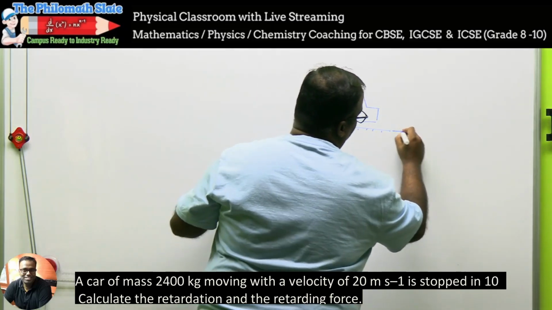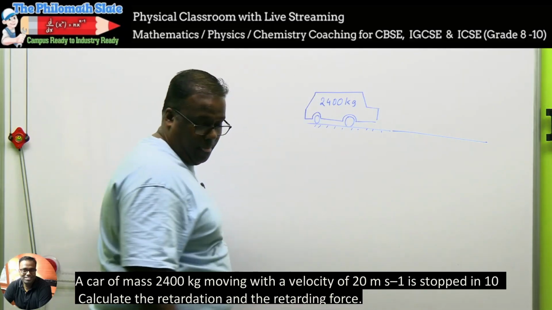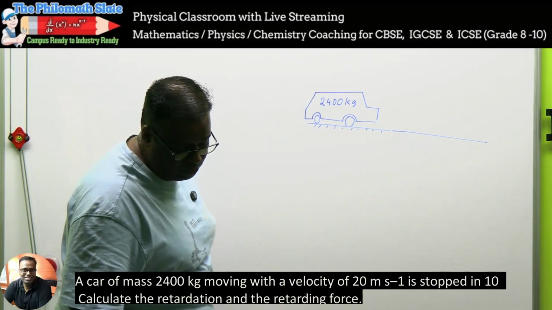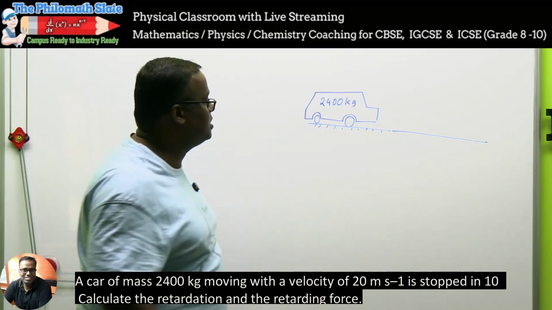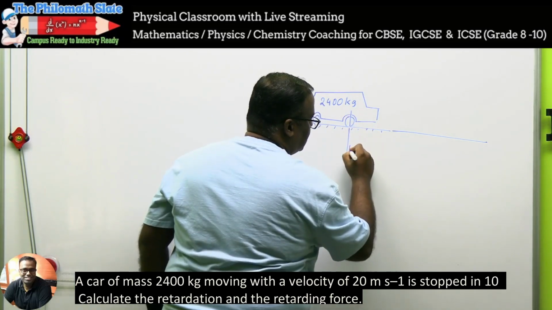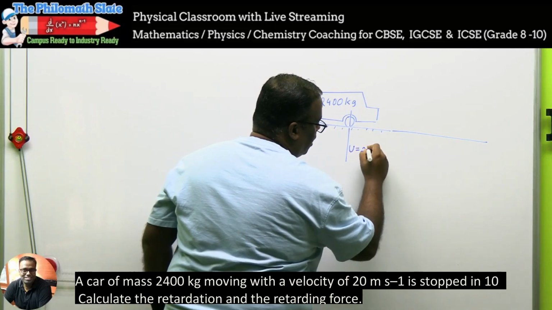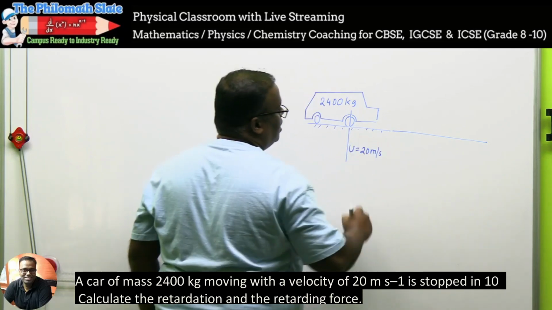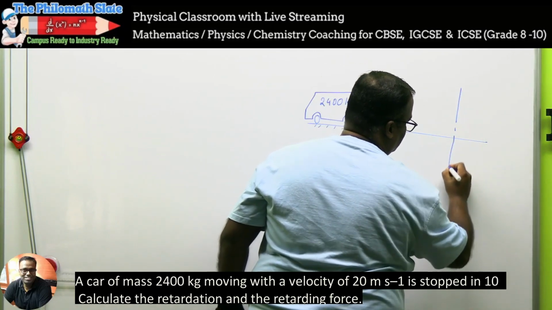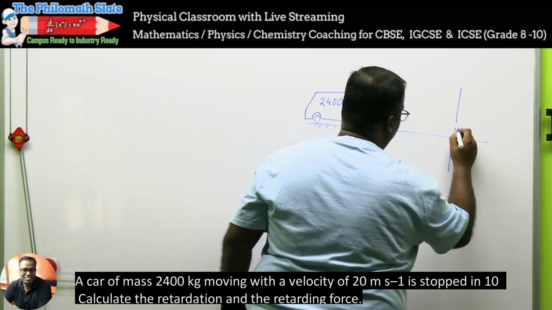Now this car is moving along this road, and this car is said to be moving with a velocity of 20 meters per second. Okay, let's draw an axis line out here and say that now this is the initial velocity of the car, 20 meters per second. Now this car has to be brought to a stop. So I'm drawing the front wheel again out here.